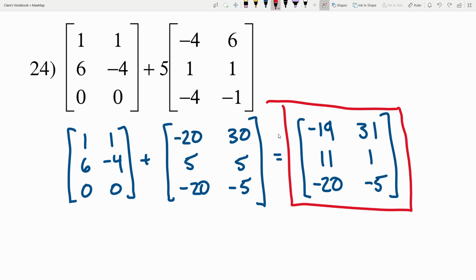This is very important. Otherwise, we cannot add. Scaling, it doesn't matter the size, we can always scale because we can always take that single digit or that single expression and multiply it in. The fun part is when we get into multiplying one matrix by another matrix. And I'll go over that in the next video. So stay tuned and check it out.